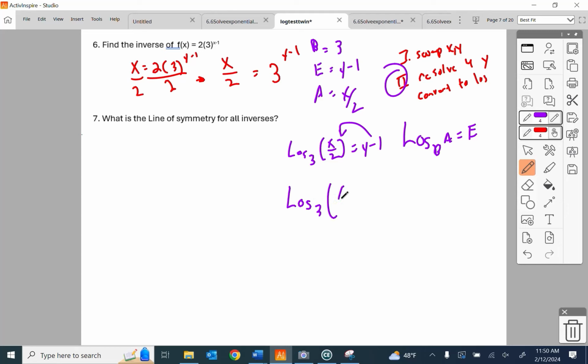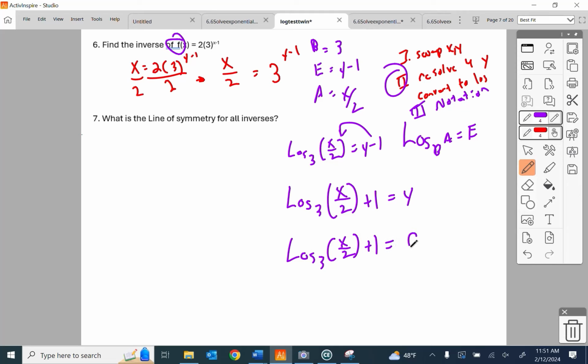Log base 3 of x over 2 plus 1 is y, and step 3 is notation. So log base 3 of x over 2, add 1 is the inverse of f of x. Easy peasy. I think it is, but what do I know?